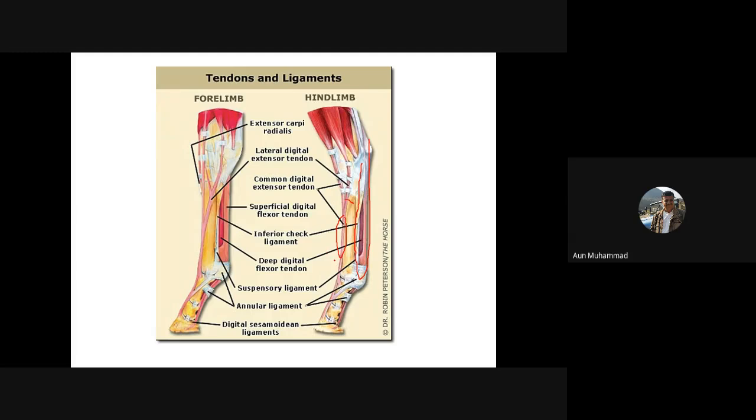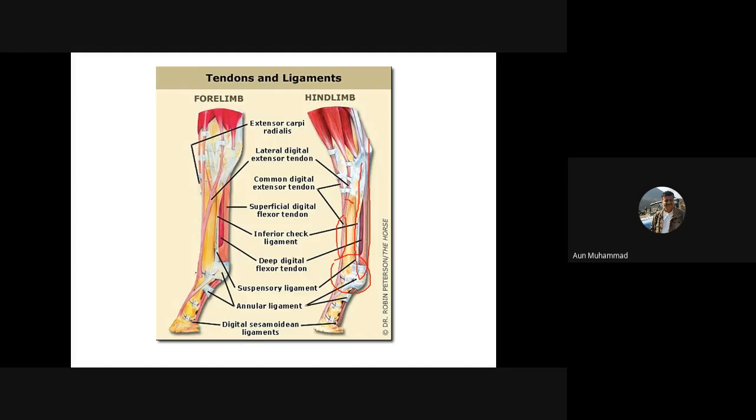This joint is called the fetlock joint. In the case of the forelimb, this joint is made up of the terminal part of the third metacarpal bone and the first phalanx. In the hind limb, it is the third metatarsal bone and the first phalanx.